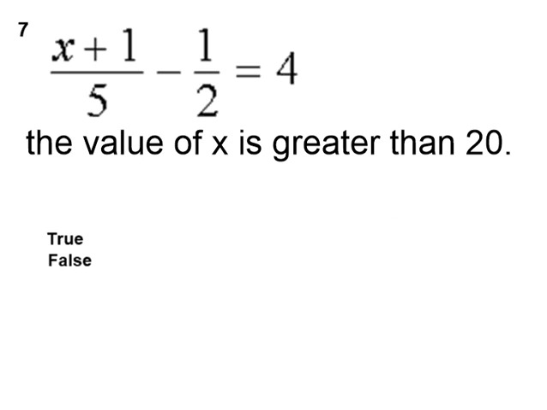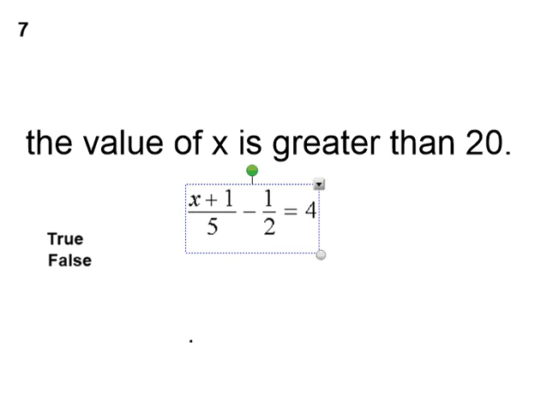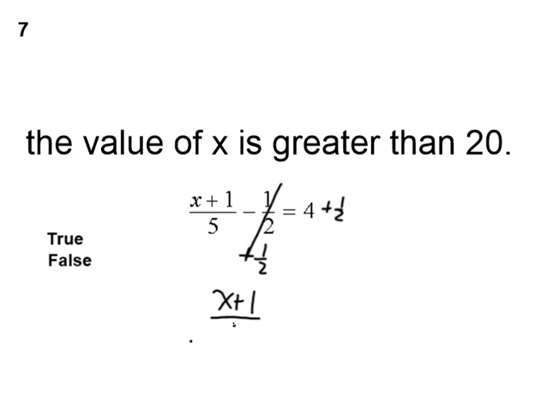And finally, your last question is an algebra question with fractions as constants. Let's make this a little smaller. Shrink it just a little bit here. You can do one of two things. I'm going to keep it simple by adding a half to both sides. And x plus 1, a fifth of that, is going to be equal to 4.5. I'm going to multiply both sides by 5.